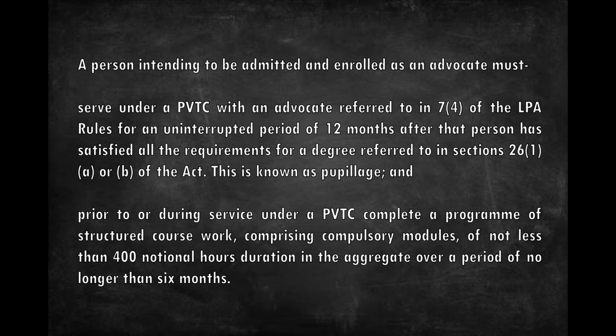And prior to or during service under a practical vocational training contract, complete a program of structured coursework comprising compulsory modules of not less than 400 notional hours duration in the aggregate over a period of no longer than 6 months.